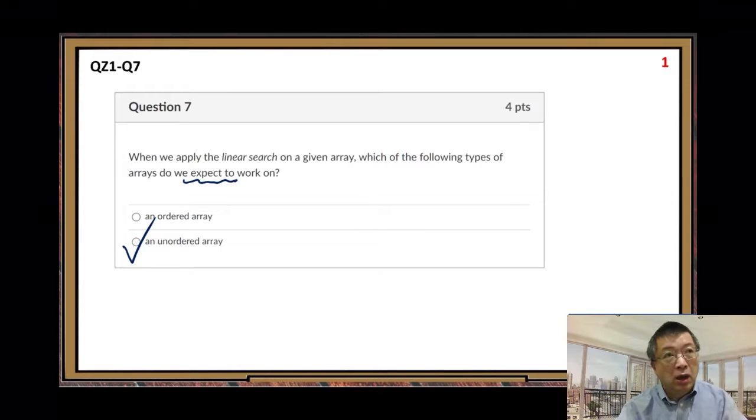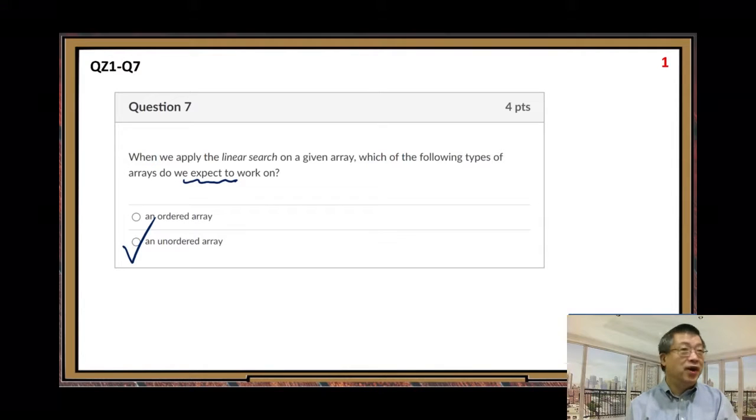But when a given array happens to be ordered, do you know it is an ordered array? You don't know, because you do not have time to check it. Although you can go through the array and check if it is ordered, you need to pay the cost.